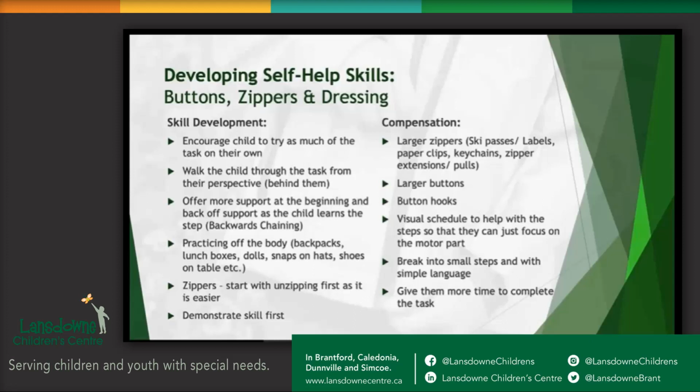So we can think of strategies in this case to either help the child develop their skill or give them tools to compensate for their challenges. So if you remember what we talked about earlier, really seeing which opportunities are appropriate for a child to either develop their skill, or is this something that we can compensate for? So maybe these kids just haven't had the exposure and they just need a little bit more practice zipping up their coat, but developmentally they're going to catch up by themselves.